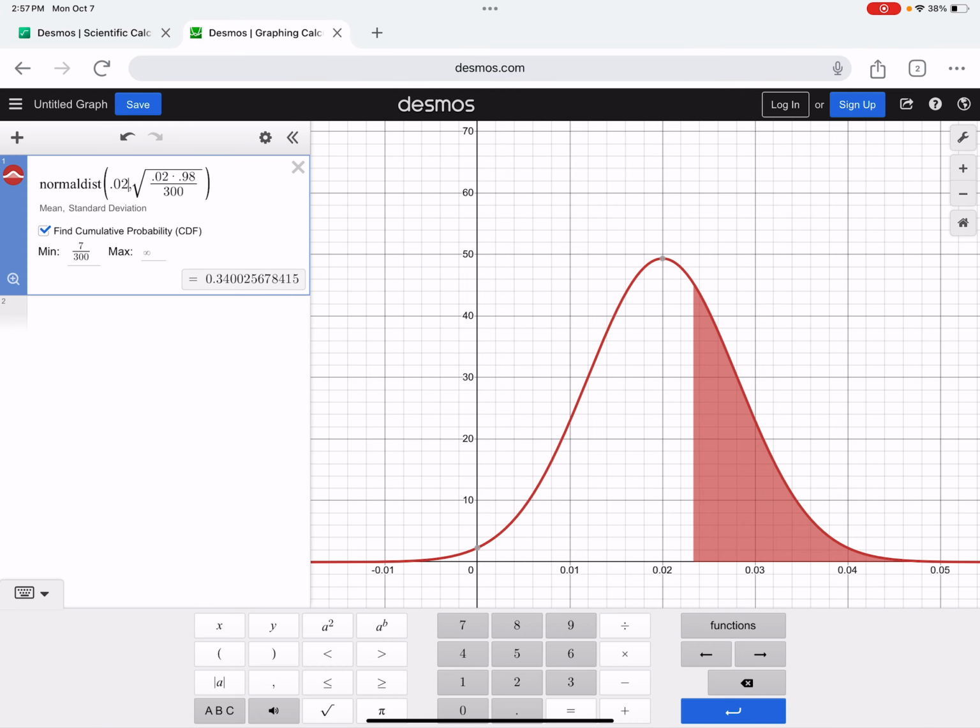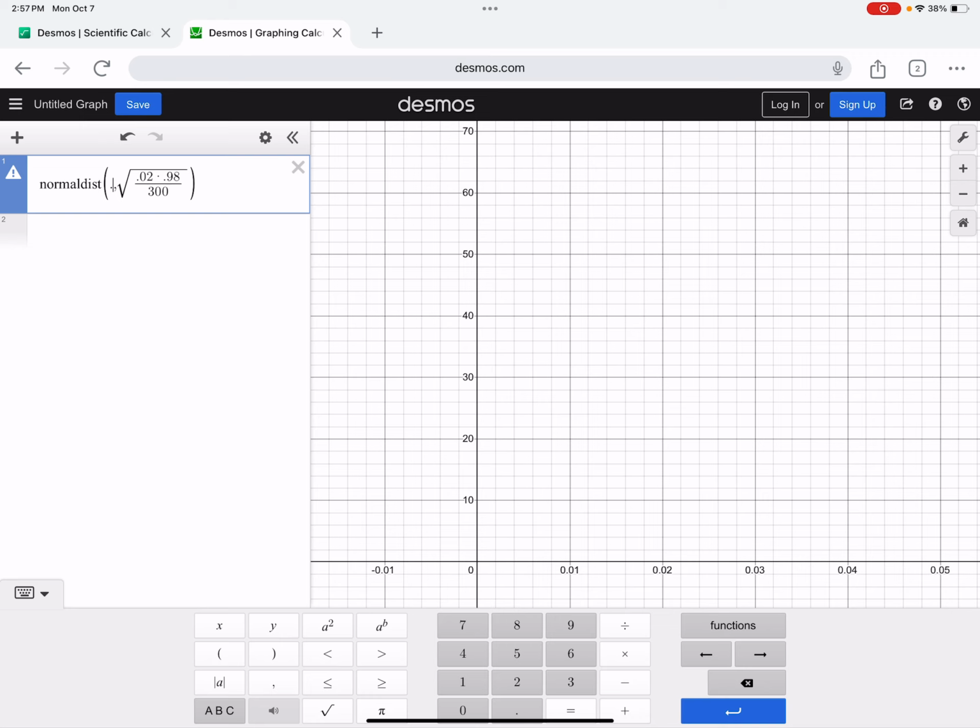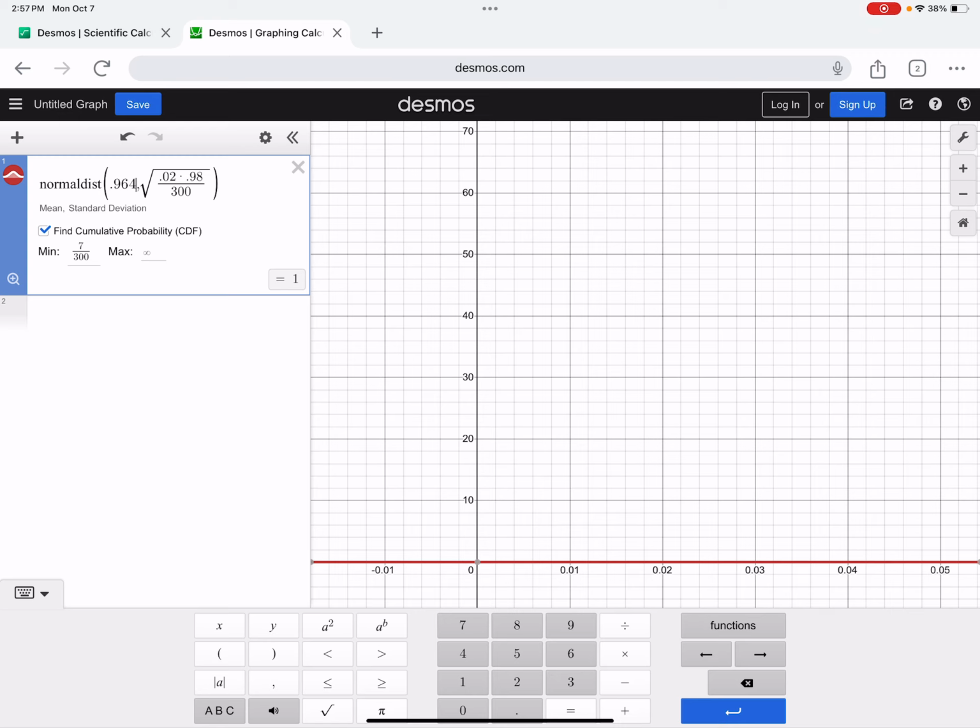So same normal distribution, 0.964, 0.036, and then we had a sample size of 350.